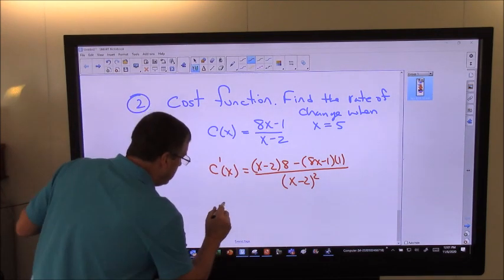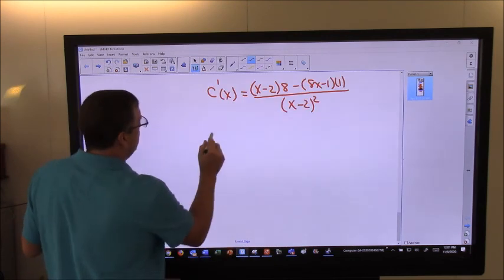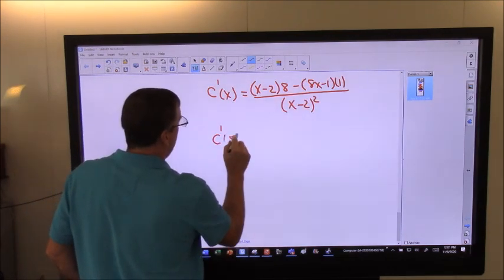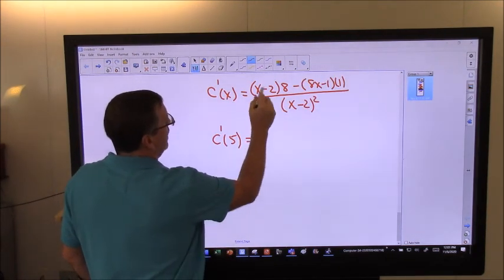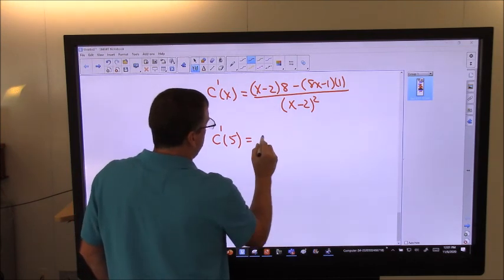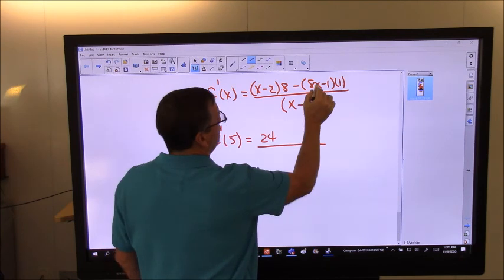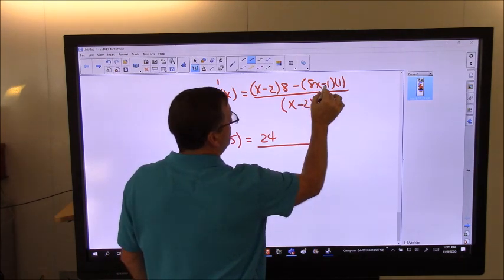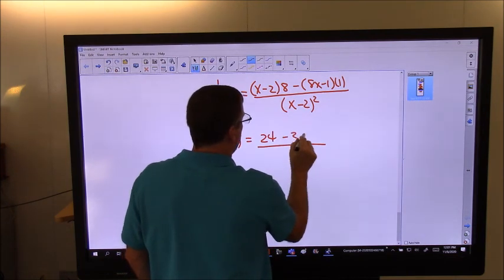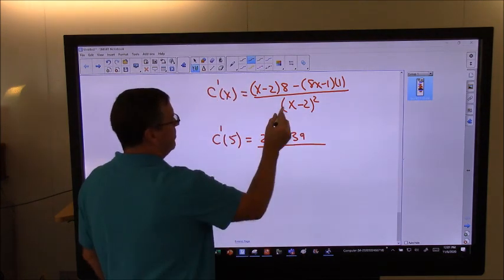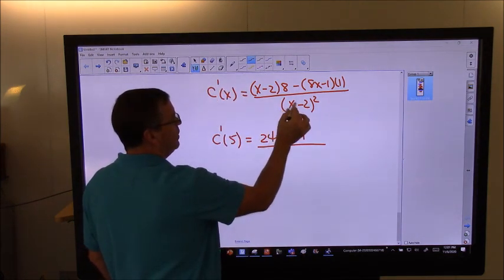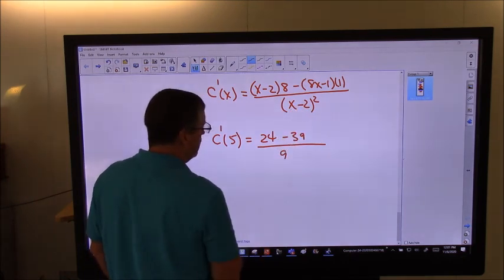So I'm looking at this and thinking that if I'm going to do C prime at 5, okay, 5 minus 2, that's 3 times 8, that's 24. Over here, if I plug in a 5, I've got 40 minus 1, that's 39. So I'm going to subtract 39. And if I put a 5 in here, I've got 3. Square that, you get 9.